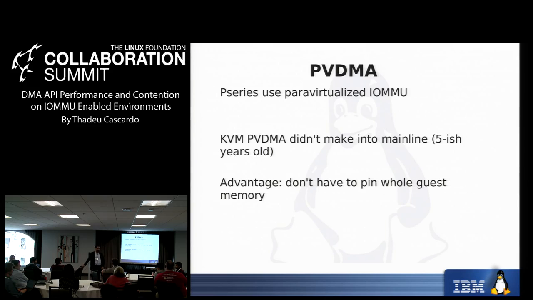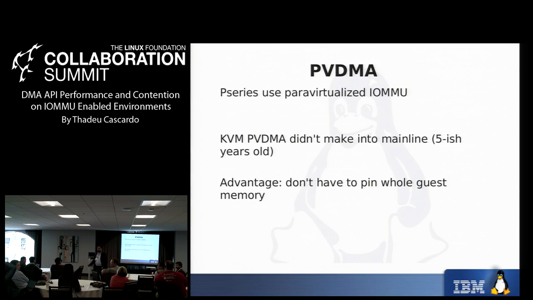Yes, there is IOMMU support in KVM, and what it does is map the entire guest. So that's one of the trade-offs I was talking about. You have to pin the whole memory, so we cannot do overcommit, and I'm not sure if that's really a problem.